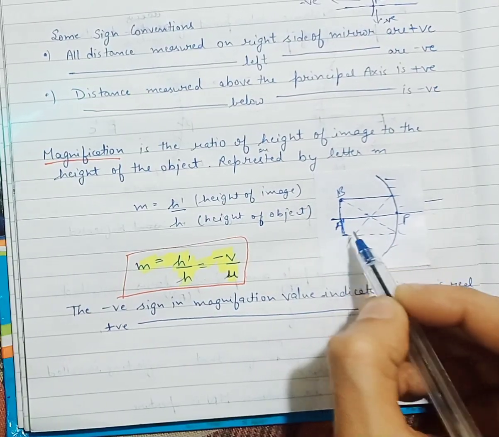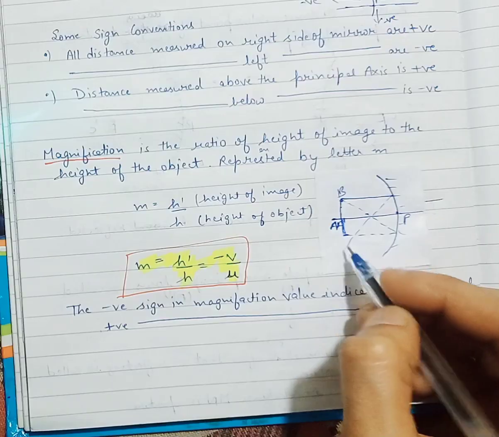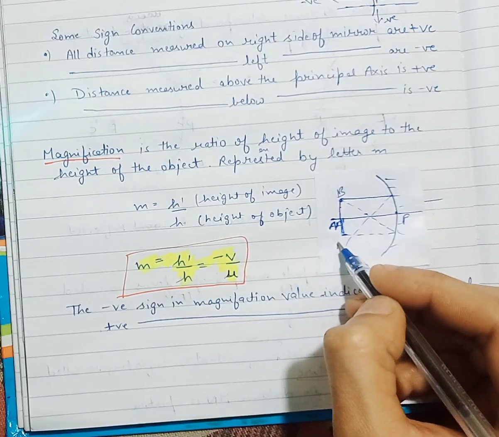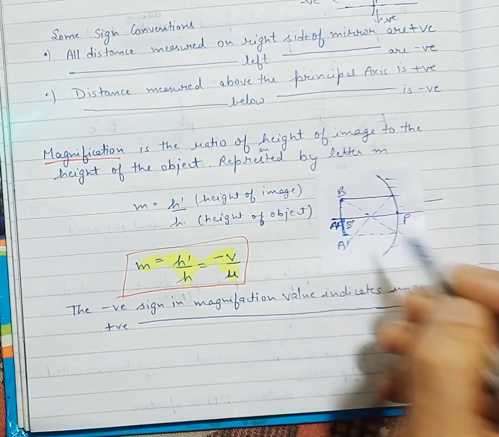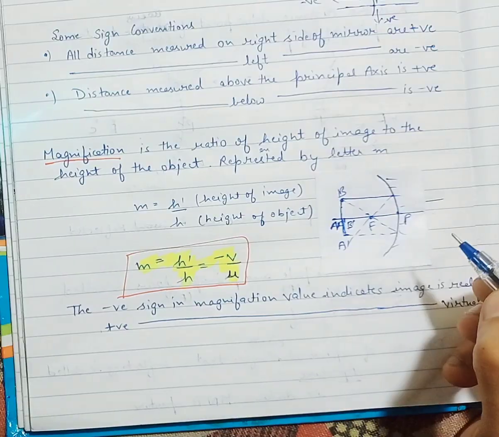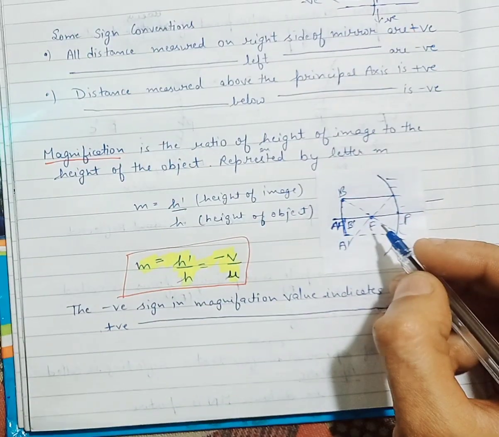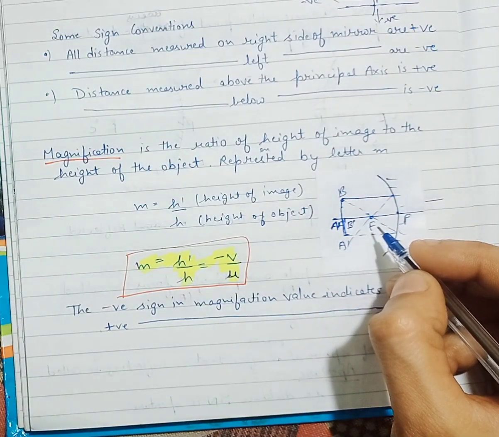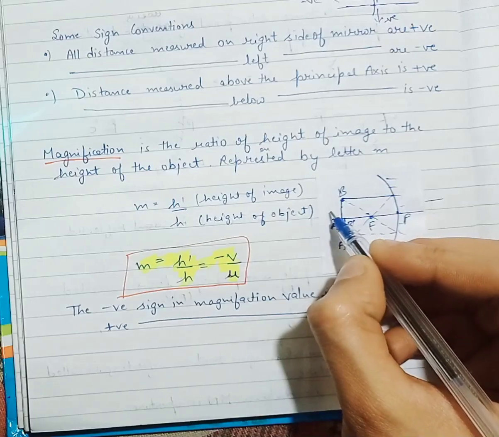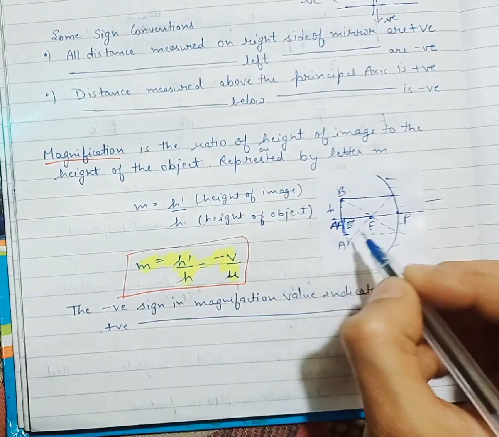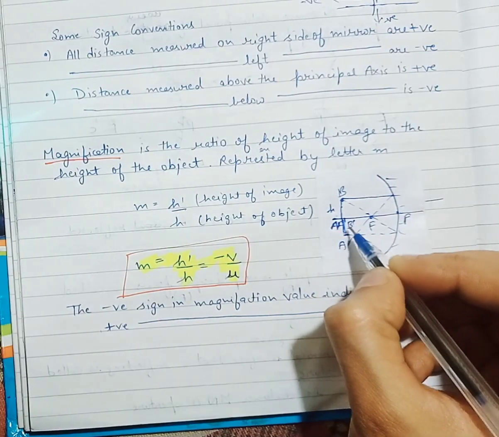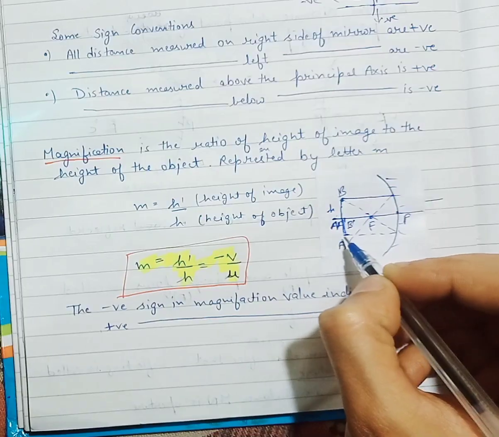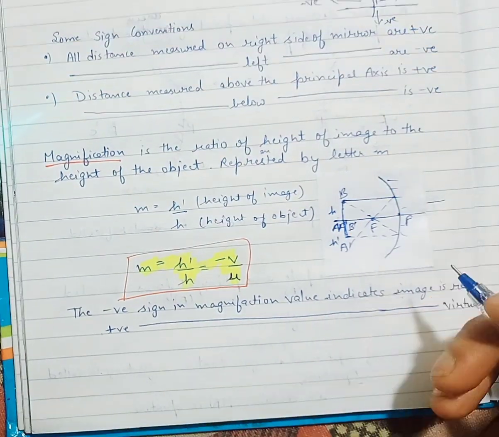This is AB, this is A dash B dash, and this is P, F. The height of AB is the object height, which is h, and the height of A dash B dash is the height of image, which is h dash.